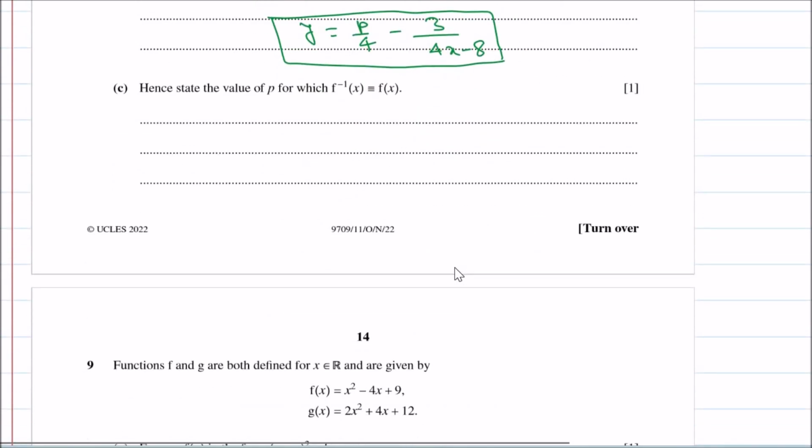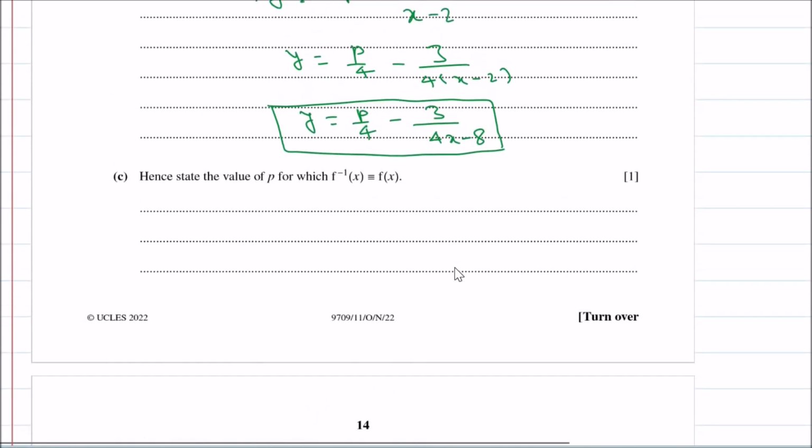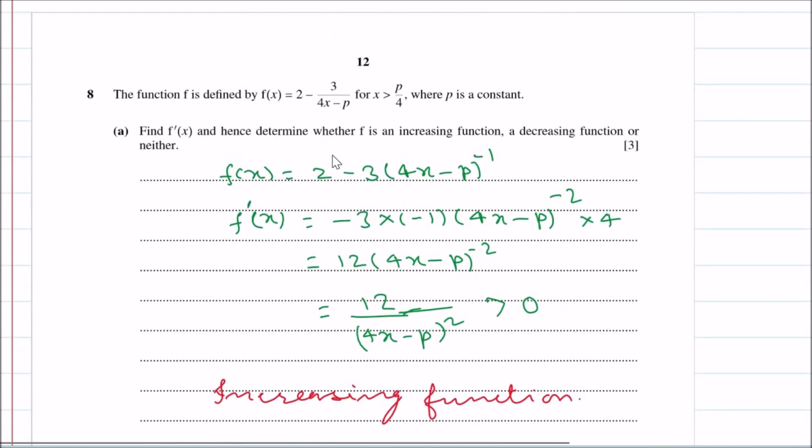Okay, next. It says, hence state the value of p for which f inverse x equal to fx. So f inverse x equal to fx. If you see fx, here we have 4x minus p.